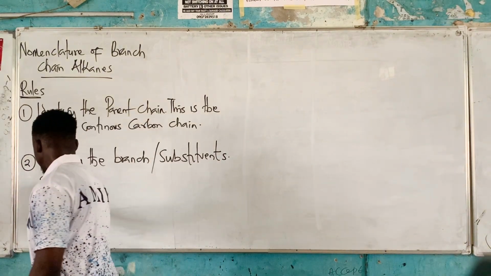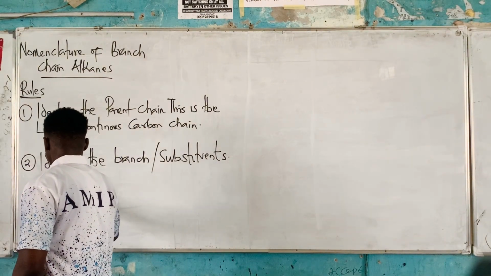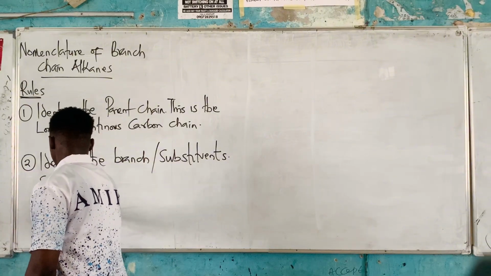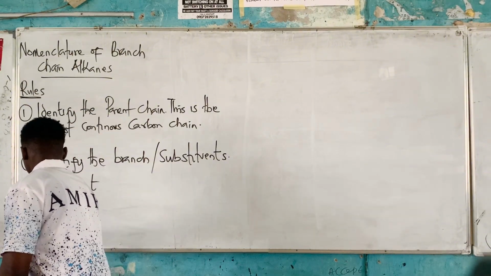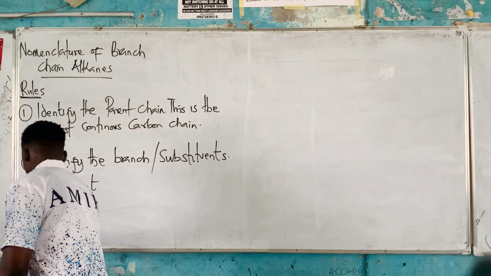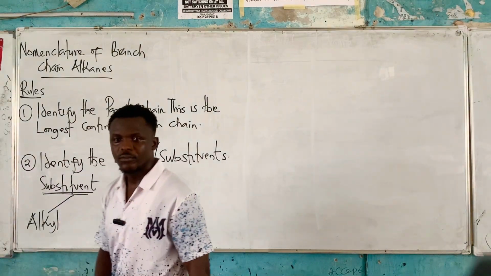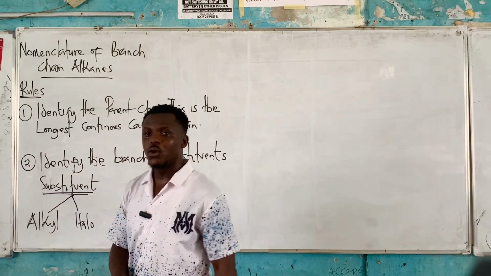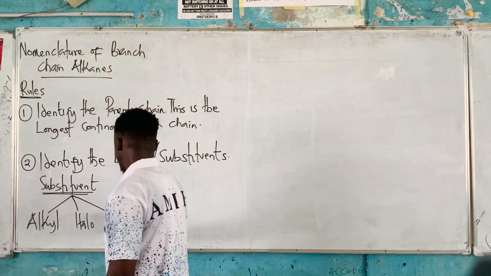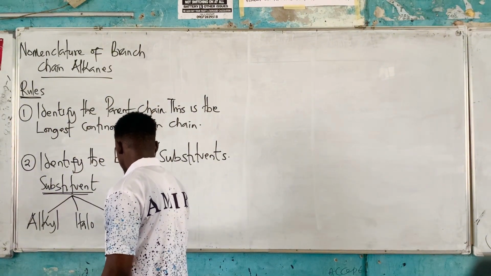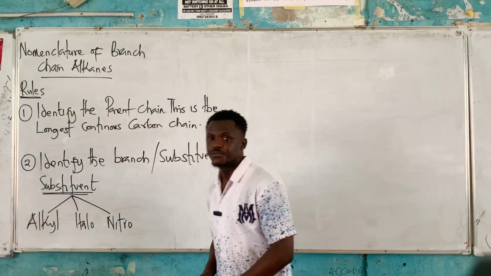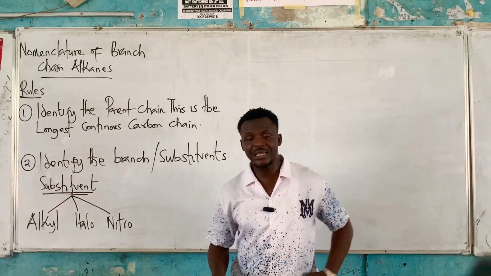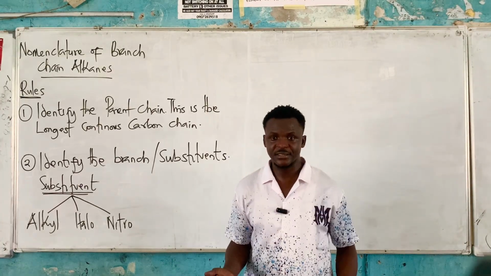So I'll say substituents can be alkyl group. They can be halo. They can be nitro. Now these are the 3 common substituents that is found in alkanes.